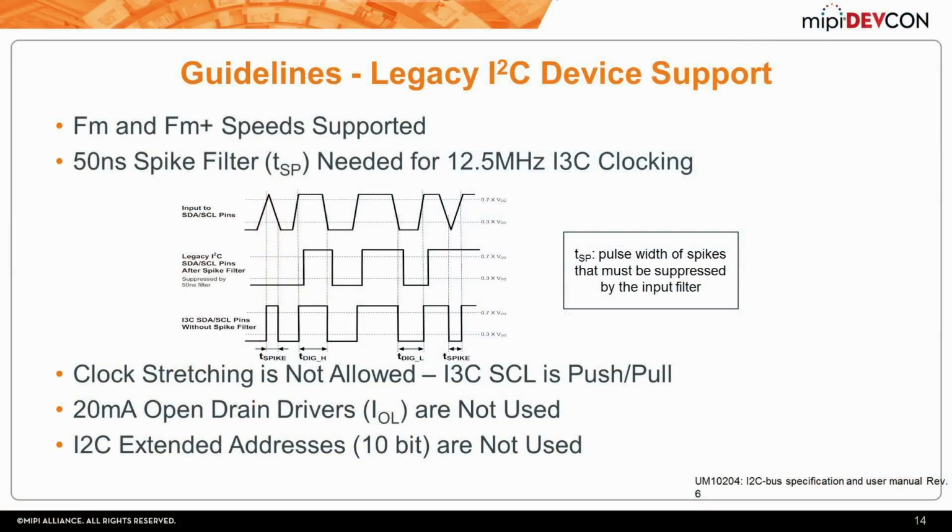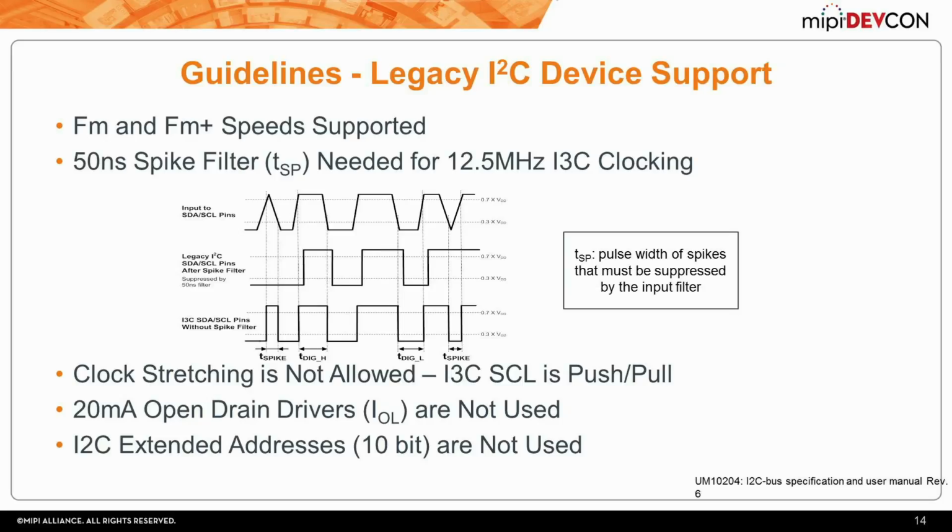So let's talk about some implementation guidelines here with I3C up to this point, and I want to focus here on legacy I2C devices, as we've from the very beginning wanted to maintain I2C backwards compatibility as much as possible, without really limiting the capabilities and performance we could achieve in I3C.